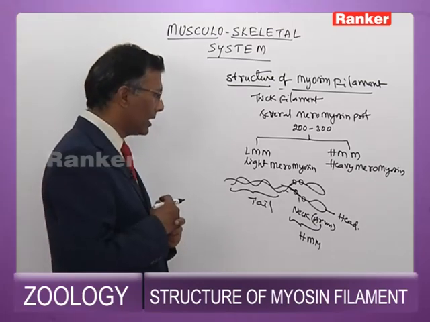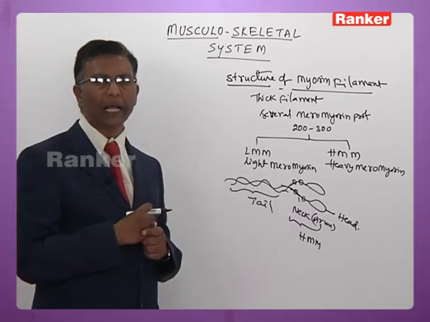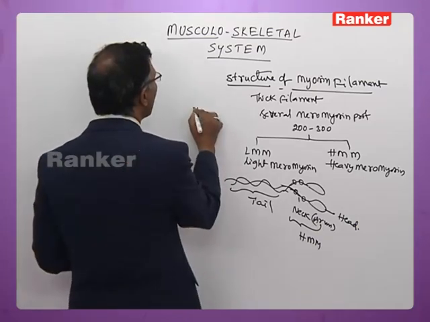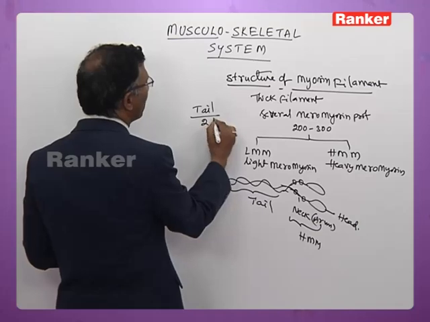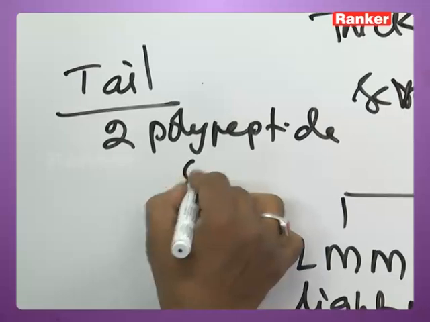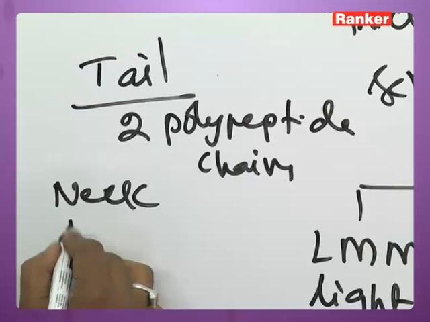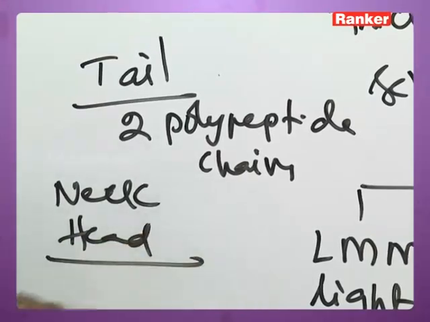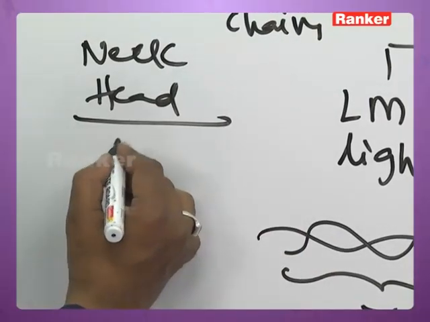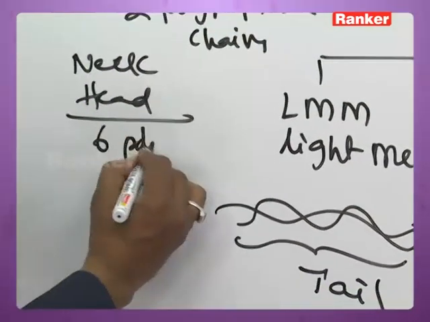On the whole, 6 polypeptide chains are there towards the head and neck part, and 2 polypeptide chains towards the tail part.